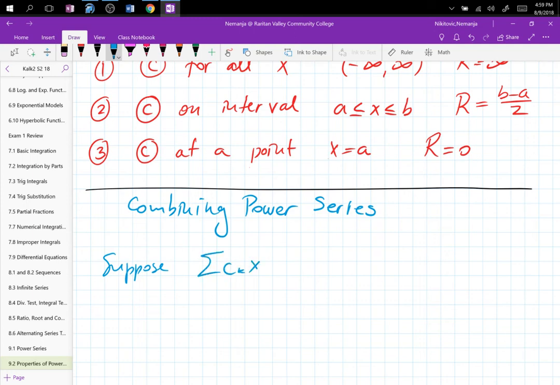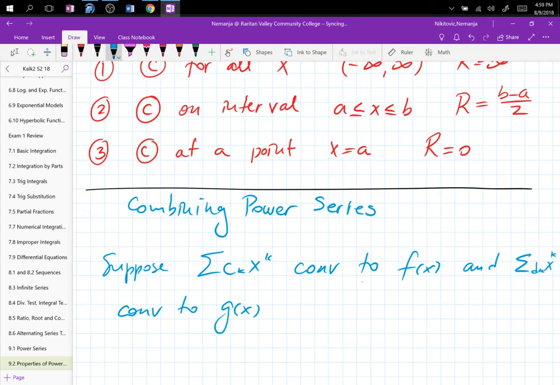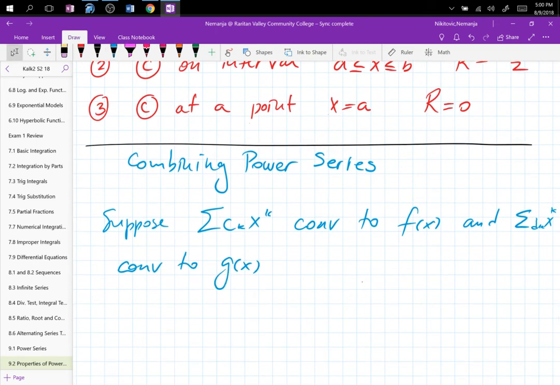So suppose summation c_k x to the k converges to f of x, and summation of d_k x to the k converges to g of x on interval I, whether that interval I is infinite or finite or a point.